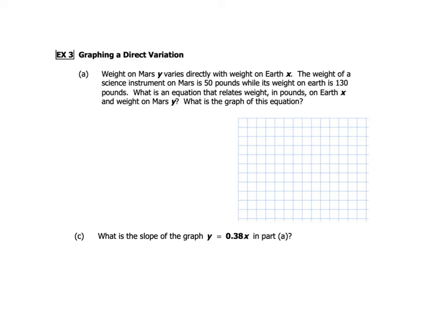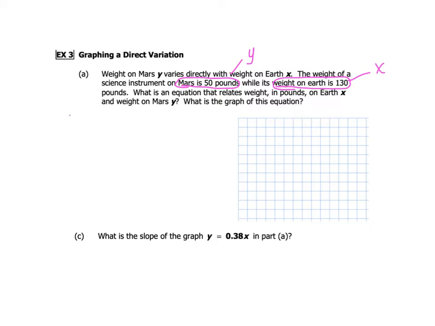First thing we're going to do is it's 50 pounds on Mars, so I'm going to circle that. And the Mars weight is y. All right, and the weight on Earth is 130 pounds, and the weight on Earth is x. That's going to help me write my direct variation equation.